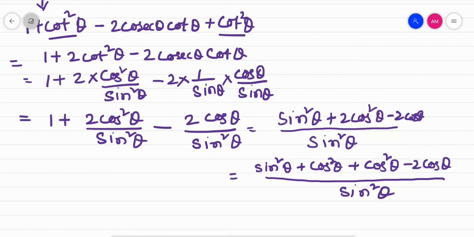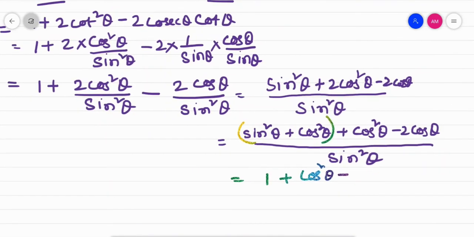Now see here, sin square theta plus cos square theta will be equal to 1, plus cos square theta minus 2 cos theta, divided by sin square theta. Here it is 2 cos theta.